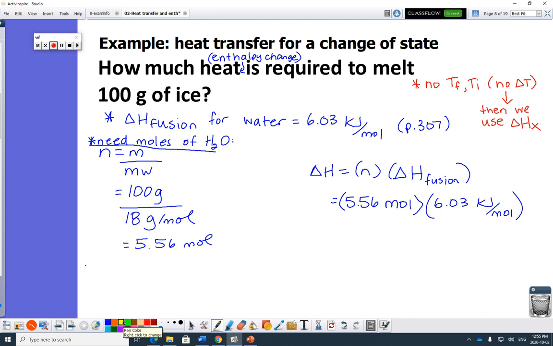Okay, so mole on the top, divide by mole on the bottom, so they cancel out, and you're left with kilojoules.